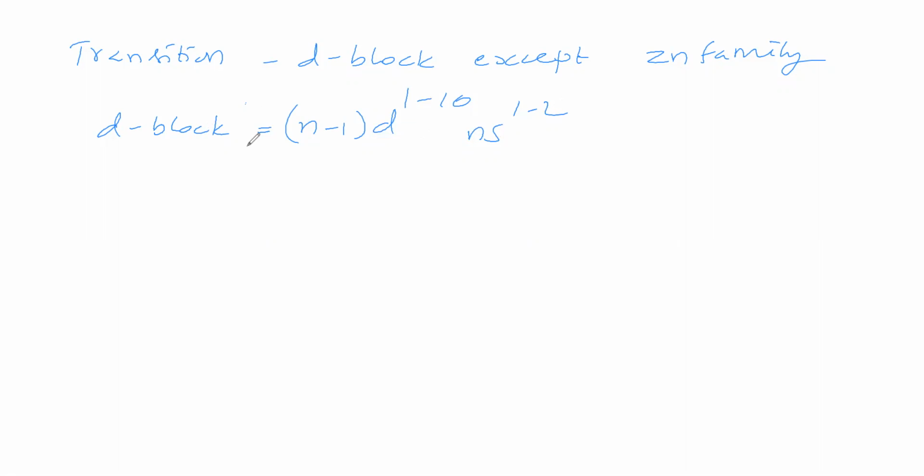So for the d-block, what is the European group number? Starting is 3B, then 4B, 5B, 6B, 7B, then 8th, then 1B, then 2B.